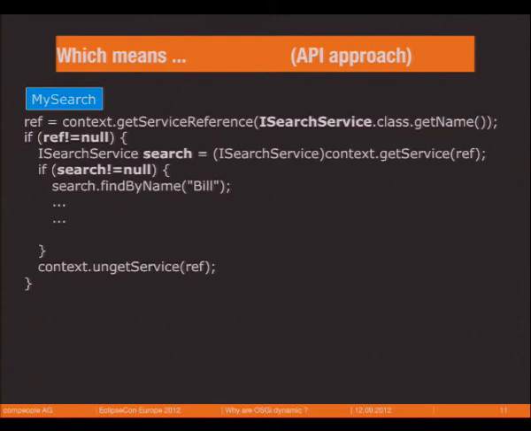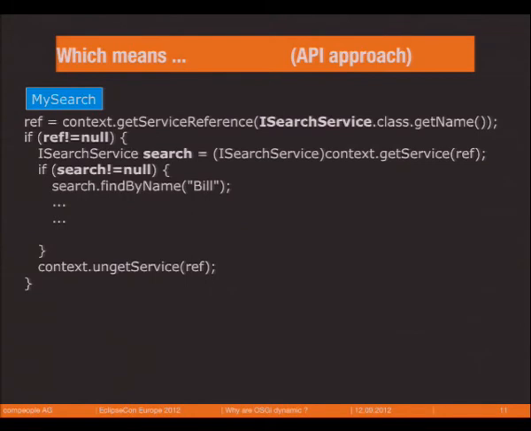Then you get this service reference object, and this can be null because there's no service registered. Interestingly enough, if you then get a service instance, a Java instance for that service reference, that can still be null. So you have to check both of them.